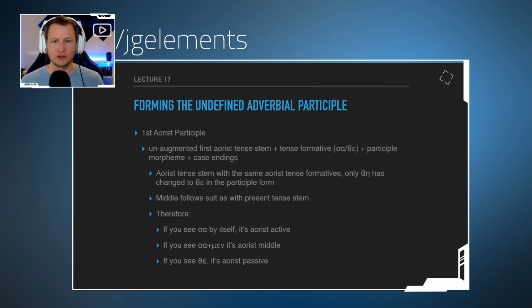Which means undefined adverbial participle. If you see sigma alpha plus men, remember men in the middle? Then it's aorist middle, undefined adverbial participle. If you see theta epsilon, you know by default it's aorist passive, meaning it is undefined adverbial participle, but it's passive.